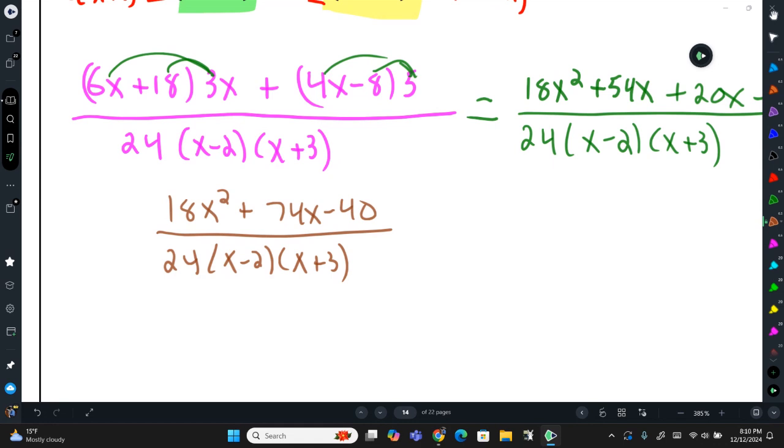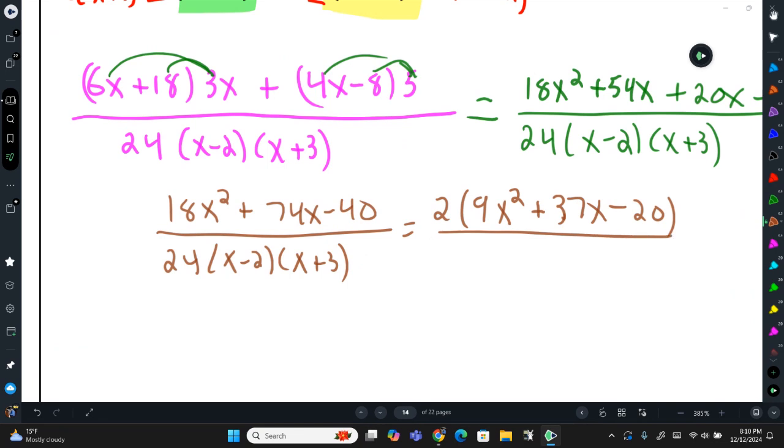I can factor out a 2 from everything. So 2 times 9x squared plus 74 divided by 2 is 37x minus 40 divided by 2 is 20, all over 24 times x minus 2 times x plus 3.